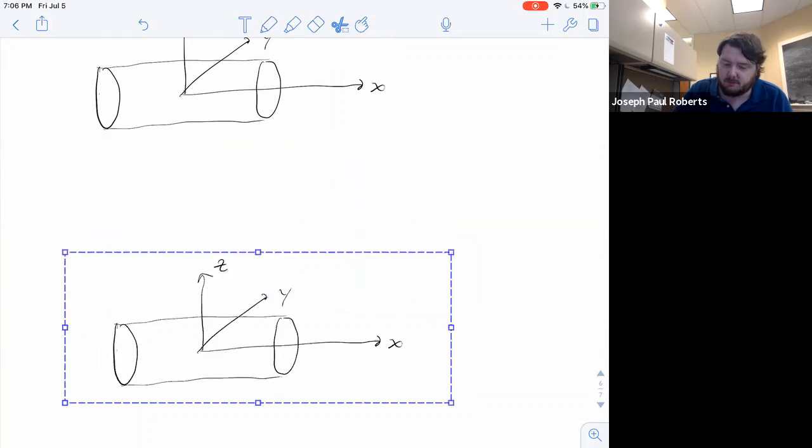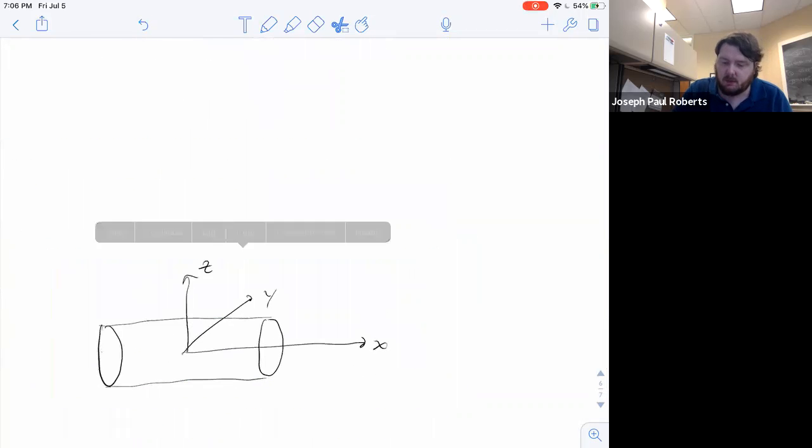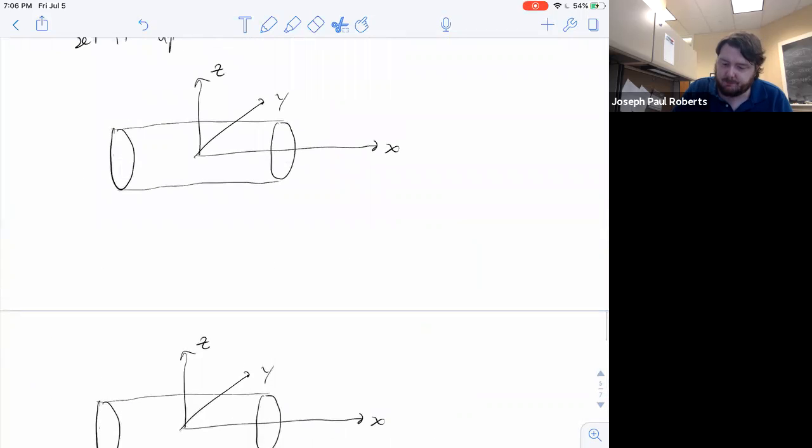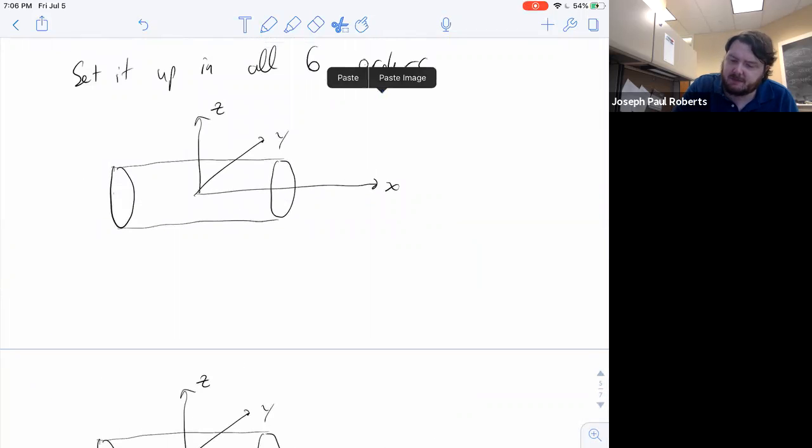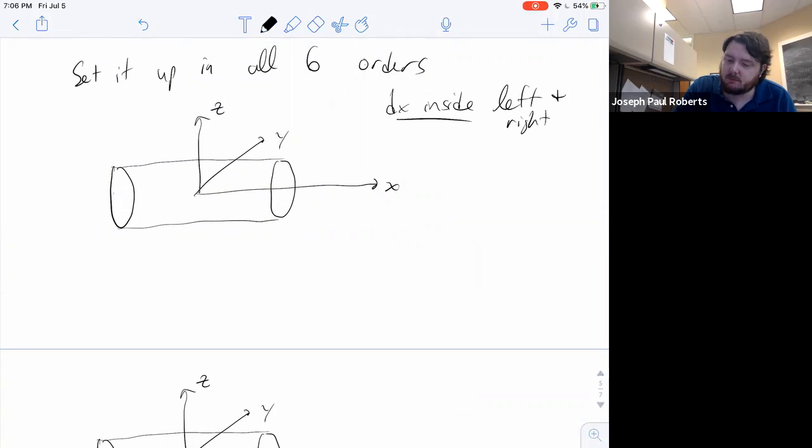So let me scooch that down here. If dx is inside, then we're thinking left and right surfaces from this perspective.